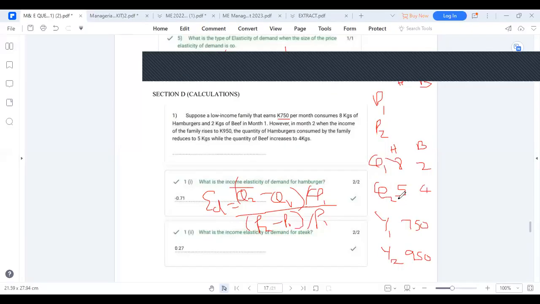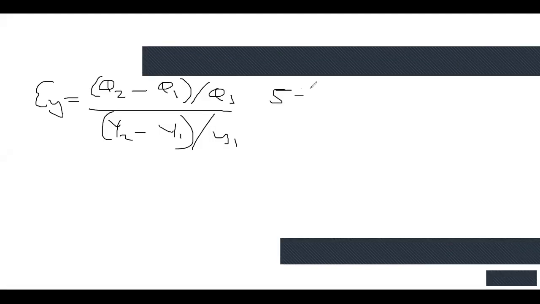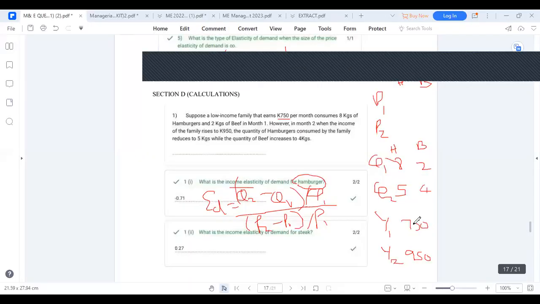So we have 5. We're dealing with hamburgers now. 5 minus 8 over 8, divided by the change in income: 950 minus 750 over 750.